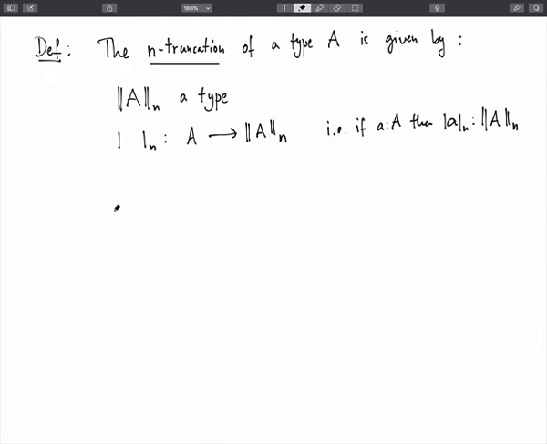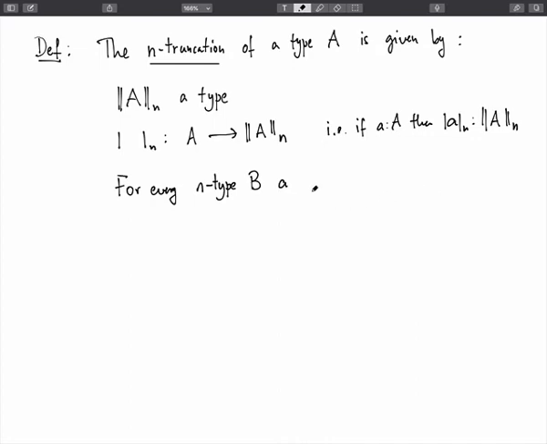Okay, and now something else. For every n-type B and a map f from A to B, I need to give you the dependent version of this. So let's be exact, let me give you the dependent version.